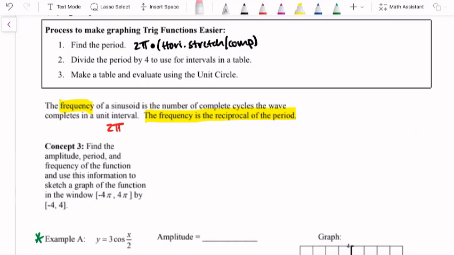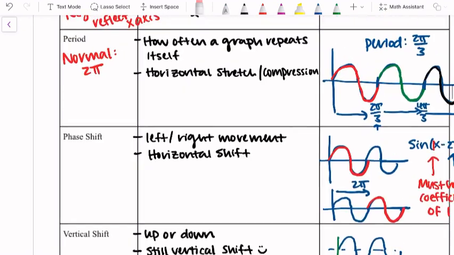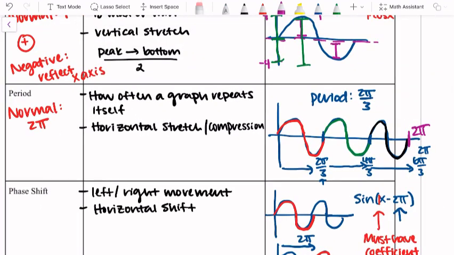We saw an example of this back here. We went through 3 intervals within that 2 pi, so our frequency would have been 3 over 2 pi. We made 3 cycles within the 2 pi unit interval.